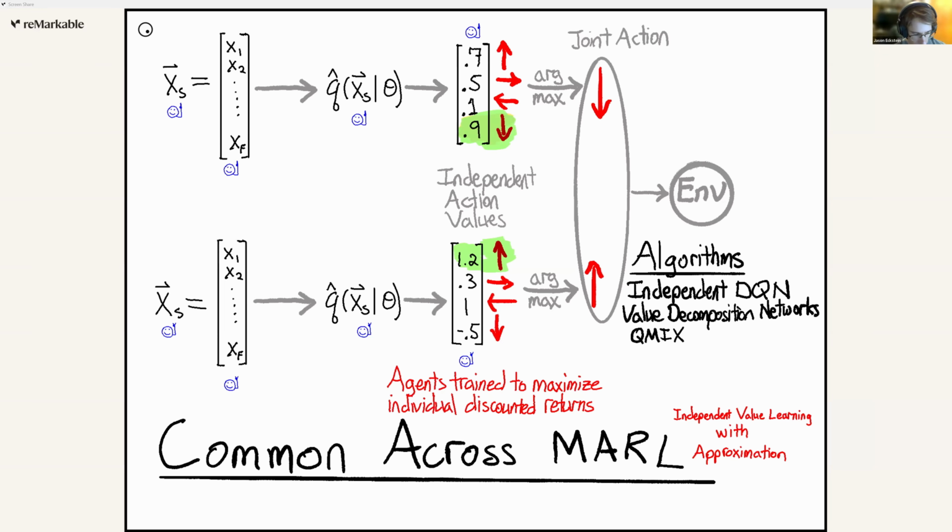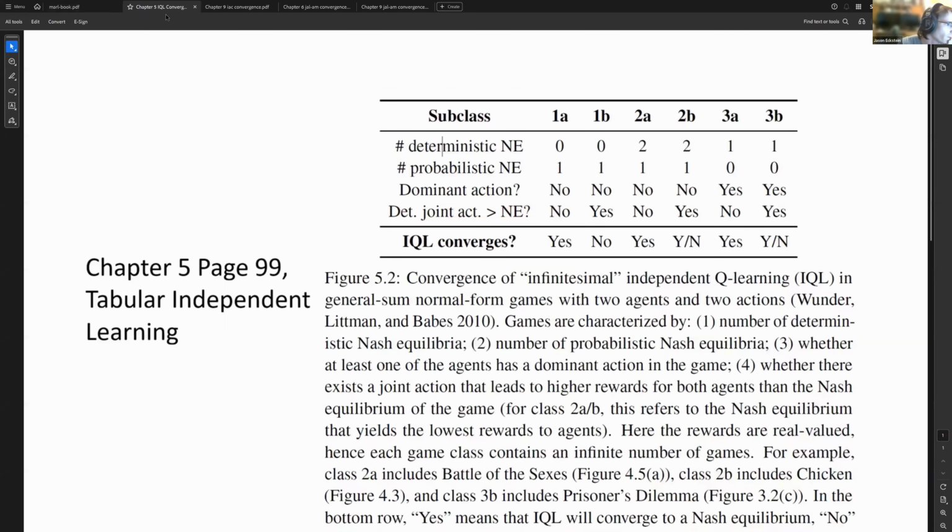So there was a tabular equivalent of this independent learning. And we go back to the textbook. I pulled out this page from chapter 5. This is from page 99 of chapter 5. And again, once we introduce approximation, there are other problems that can occur.